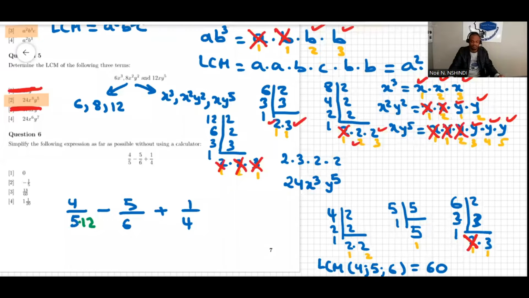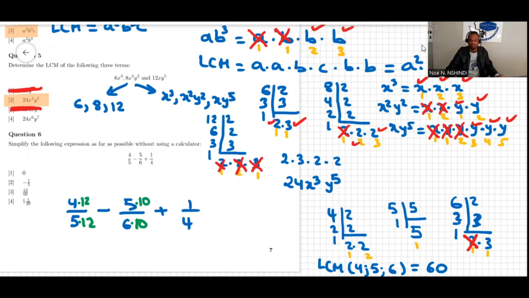Whatever you do at the denominator, you do also at the numerator. So you times the denominator by 12, you must also times the numerator by 12. Over here, 6 times what equals 60? This is the most obvious calculation: times by 10. We're going to times also the numerator by 10.